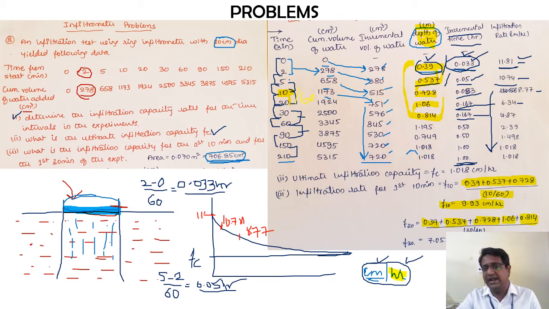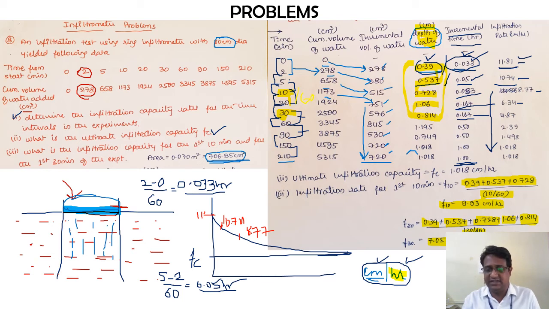So this total addition is going to become the entire numerator value. Divide it by 30 minutes, and you want to convert that into hours, so divided by 60. Ultimately, if you do the calculation, here I am going to get the value as 7.058 centimeters per hour as the infiltration rate for the first 30 minutes.